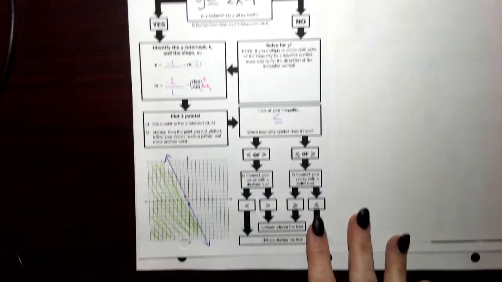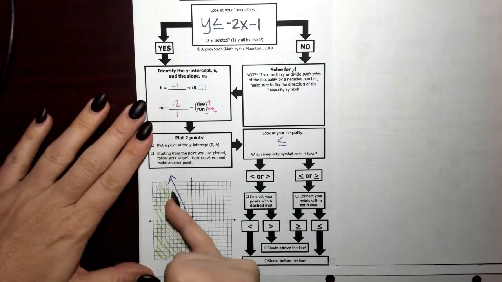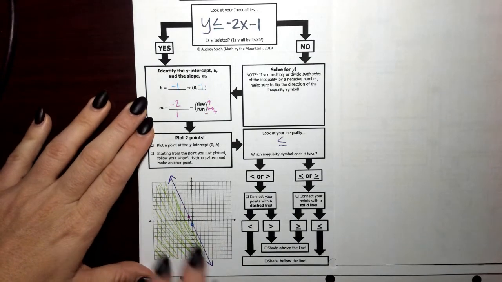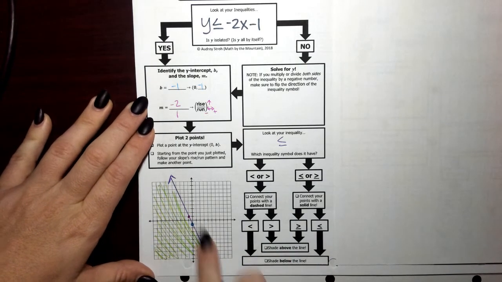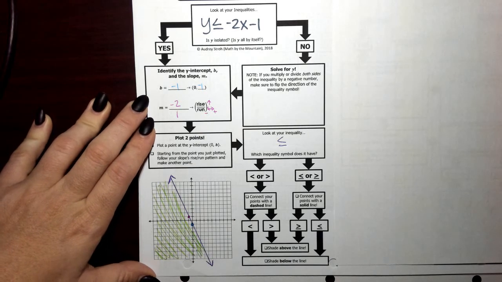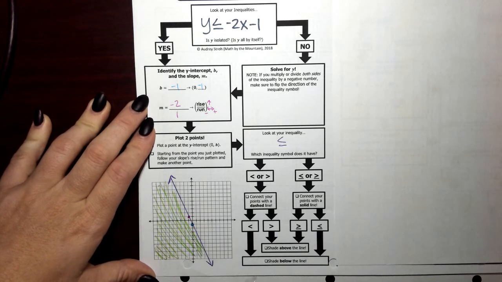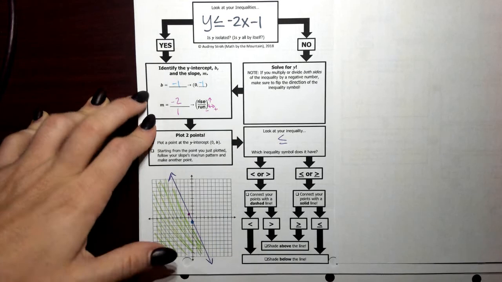So what this means is that solutions for this inequality are everything within this shaded area and on the line. So it's not just y equals negative 2x minus 1. It's anything within here, and then everything outside here would not be a solution.